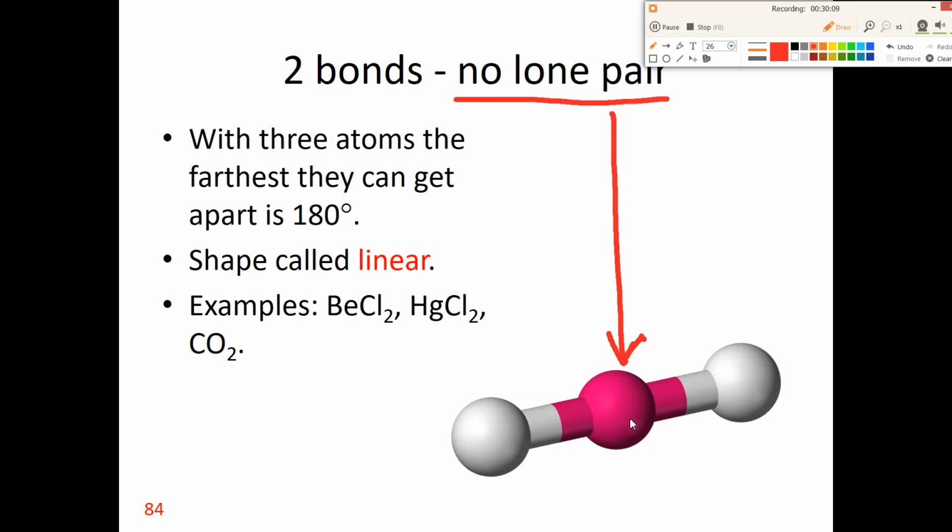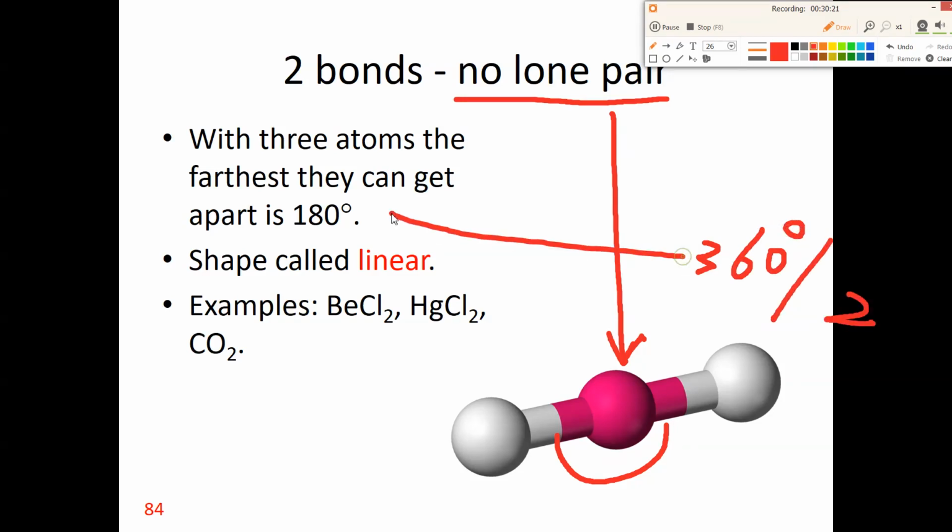So now, on the central atom, there's no lone pair. So these two bonds are going to repel each other as far as possible. We're going to have 360 degrees divided by 2, so we end up with 180 degrees. This bond angle is 180 degrees, because it's going to be linear, all on one line, so we call it a linear structure.